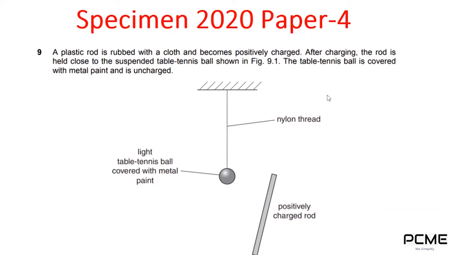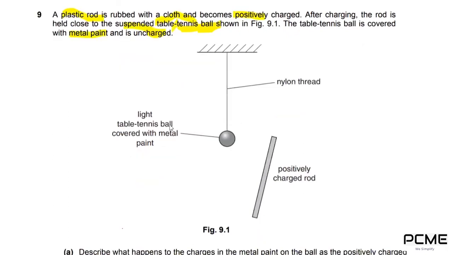The table tennis ball is covered with a metal paint and is uncharged. Now what are the keywords you have to understand? First of all, the plastic rod which is being rubbed, and what's the charge on this? Positive. Then you have the table tennis ball which is suspended, and this one is neutral, uncharged, right? It's uncharged, but it has a metal paint on it.